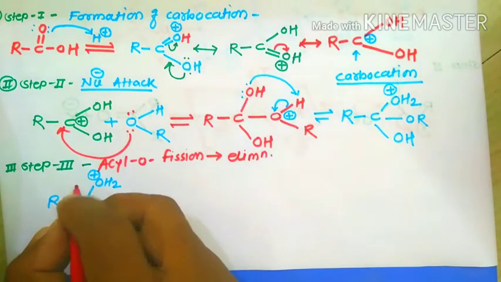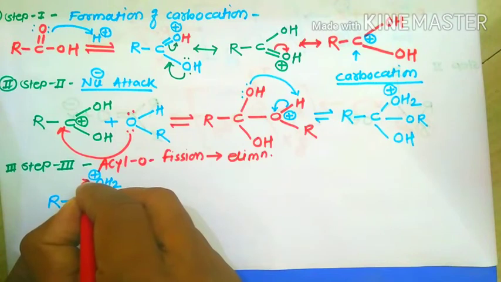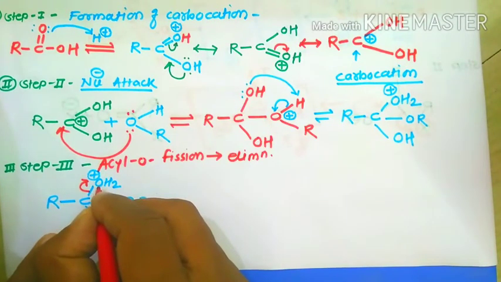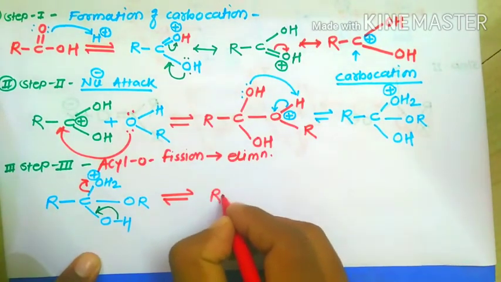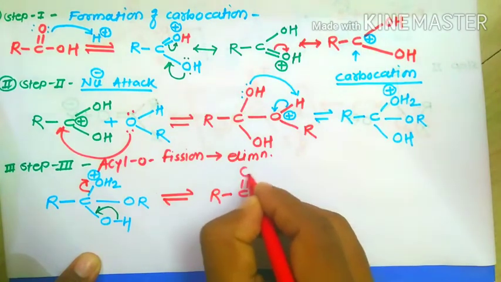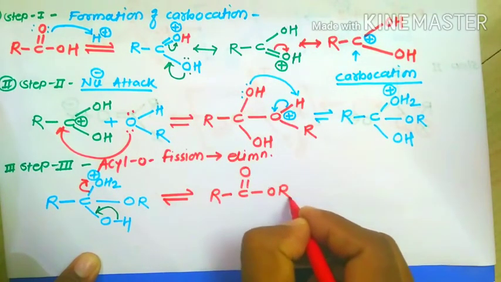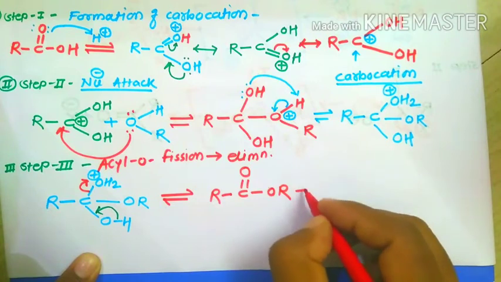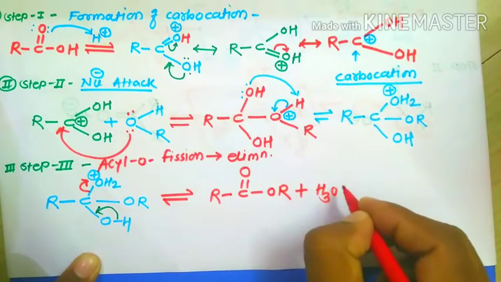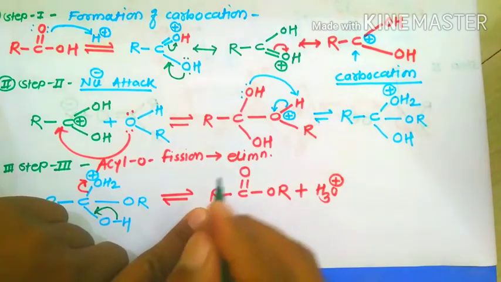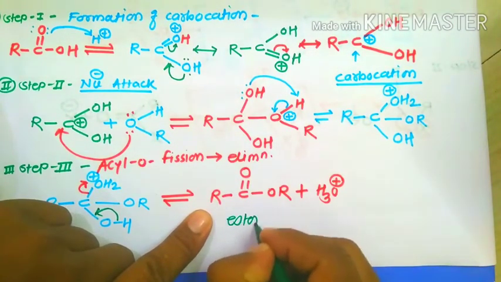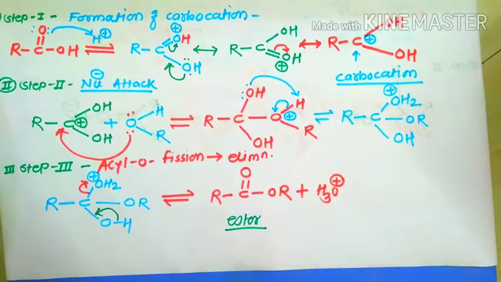At that time, this bonding electron shifts toward the electron deficient oxygen atom to form R-C double bond O-R with elimination of H3O positive hydronium ion. Okay, that is the formation of ester as the final product of this reaction.